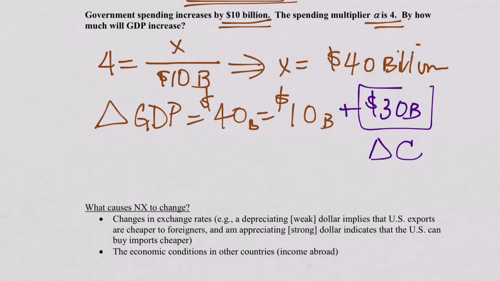So when the government spends money, that's going to cause consumer spending to change because simply our income levels went up. Actually, let me fix this. Let me get my eraser. This is what I meant to do. This causes that.